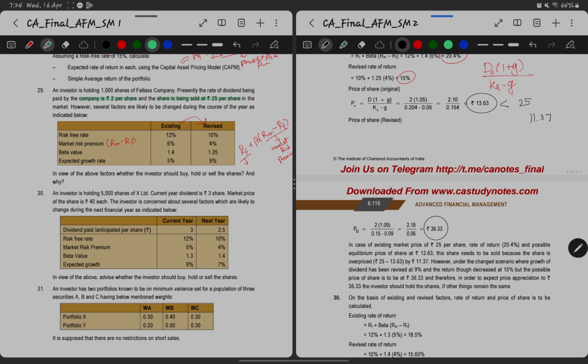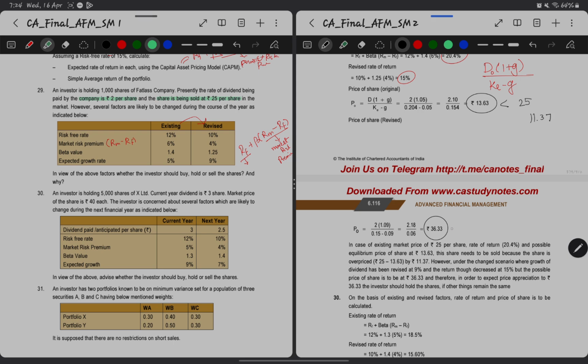But since it is overpriced, in future the price might reduce, so the strategy should be to sell the shares as of now.